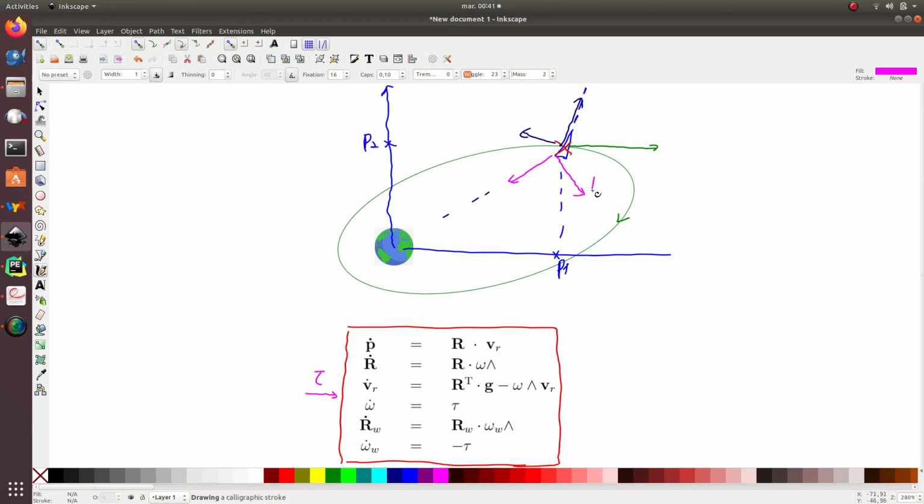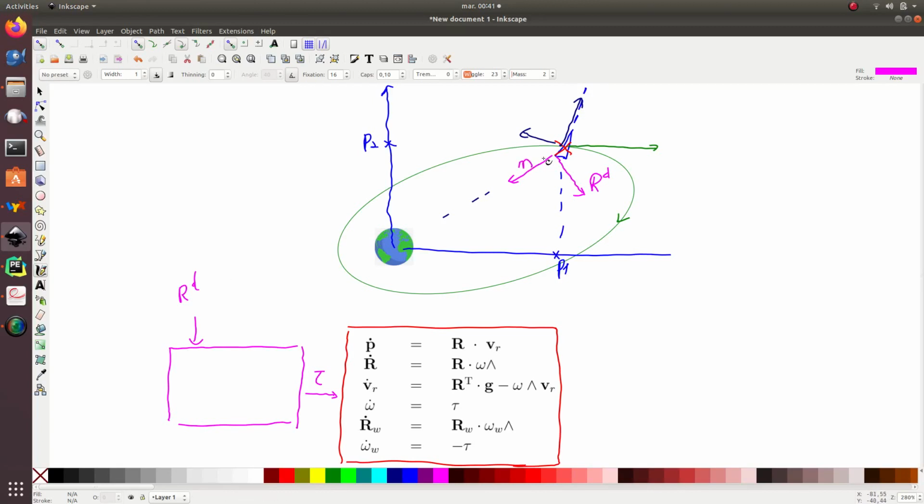So this one I will call RD, like desired. Okay. So for my controller, I will have to add here as an input the desired orientation, like this.